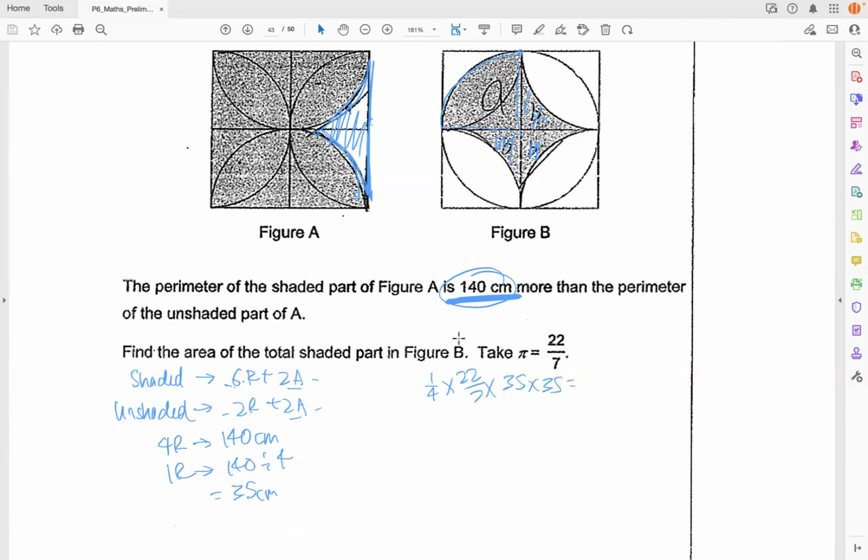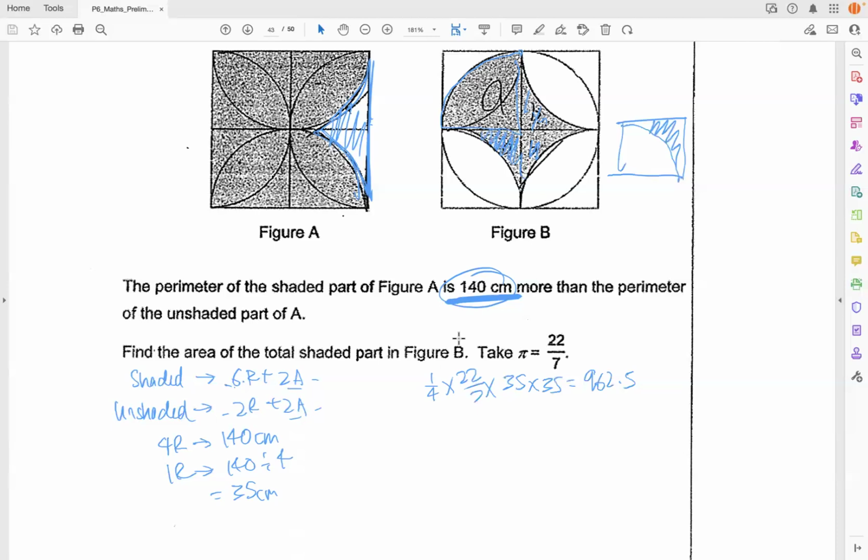And my answer is 962.5. So this is the area of a quadrant. Now, how to find the boomerang? Boomerang is very easy. You must know the building blocks of the circles. It's square minus a quadrant, right? Then you're left with boomerang.